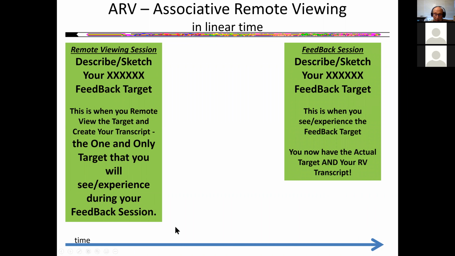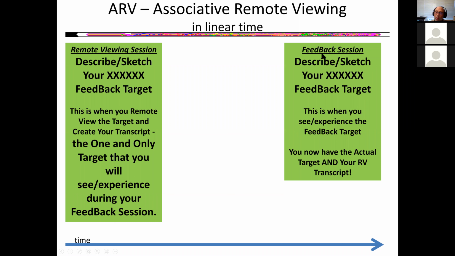Then later in time, you get your feedback session. The beauty of ARV is you will always know how well you did, because this is the target you were in fact supposed to describe here. And notice I made the tasking the same, because even the experience, of course, is different, because now you have the target in front of you.